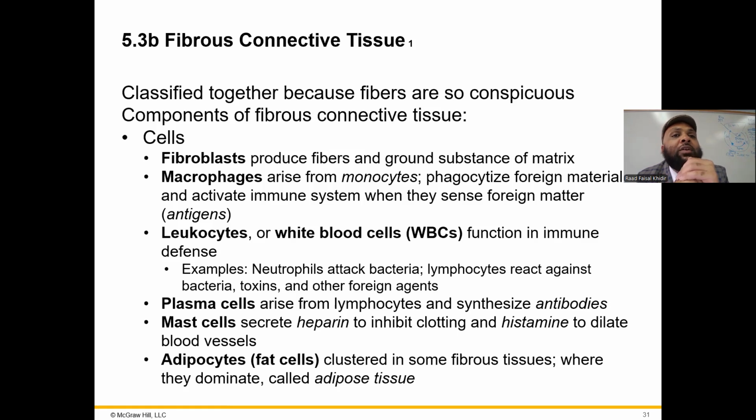We have already described what the fibroblasts are useful for. These TGF-beta cells are very important for depositing fiber in scar tissue formation. They classify together because the fibers are so conspicuous components of the fibrous connective tissue. Fibroblasts produce fibers and ground substance of matrix.